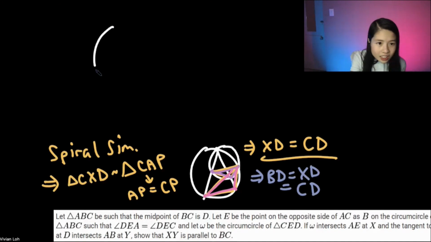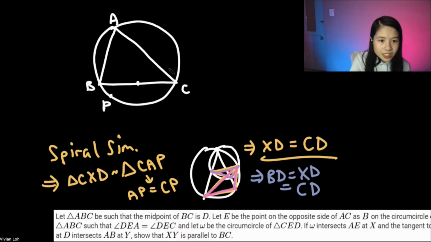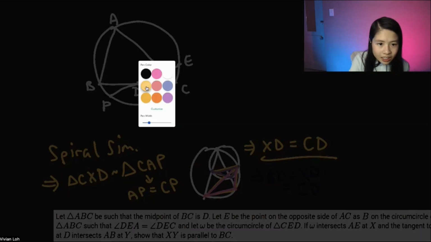So, we have the circumcircle, and I don't think I'm going to draw as many points as before on this one. But we're still going to have P, because P is pretty useful as it's the arc midpoint. And then we had E up here. Actually, no, I am going to draw the whole diagram. So E, D, and then the yellow circle.